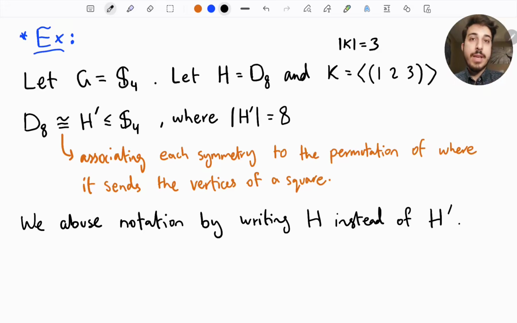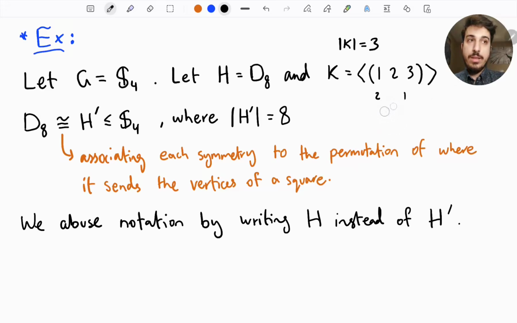This isomorphism is given by taking each symmetry in D8 and associating it to a permutation of the vertices on which the symmetry sends these vertices to. So for example, if we had the square with vertices 1, 2, 3, 4, and the symmetry will exchange the places of 1 and 2, then the associated permutation is going to be the 2-cycle (1 2). And this is defined for all of the symmetries of D8.